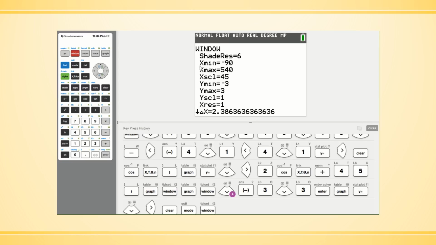And then on my x minimum and my x maximum, I know I've got a period of 360. So one full cycle is going to take 360 degrees in this particular equation. And we had a phase shift of 45 going to the left. And so I set my x minimum at -90 just to make sure I actually get to see that phase shift.